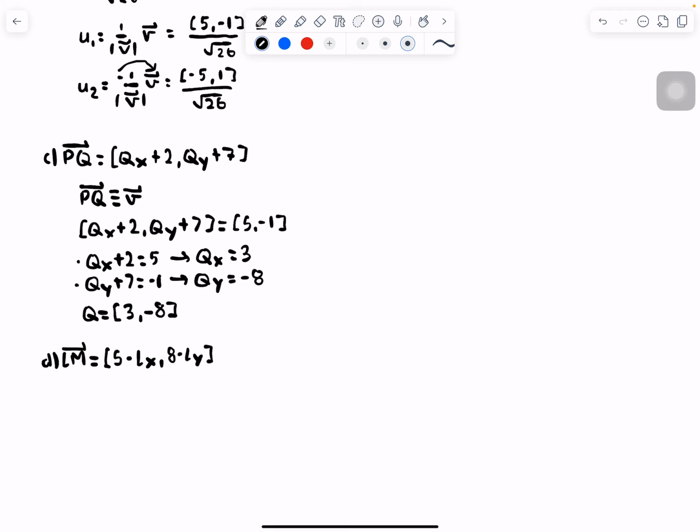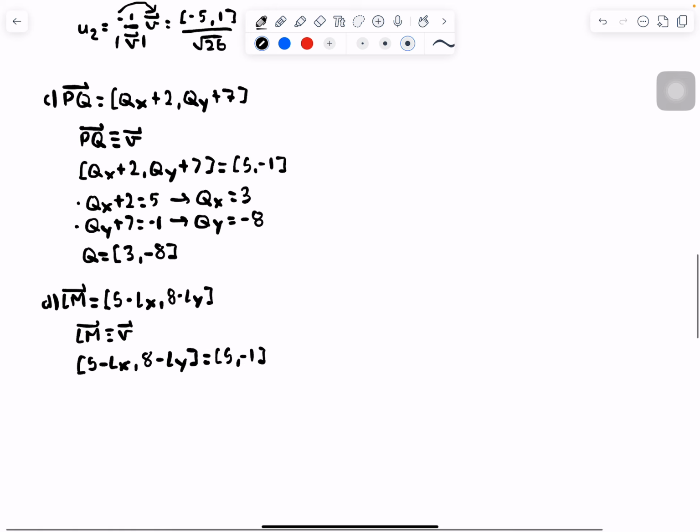Business as usual at this point. So then we have LM, again, is equivalent to v. We're going to get two equations out again. (5 minus Lx, 8 minus Ly) equals (5, -1).